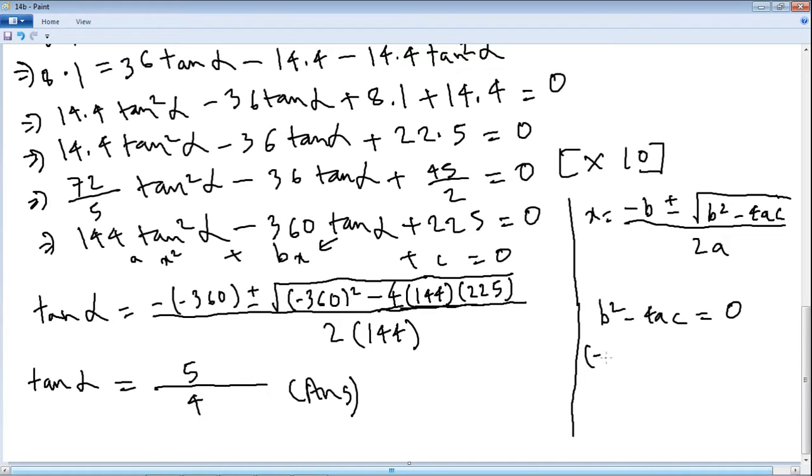Let me write the inside part: b square minus 4ac is 360 whole square minus 4a, where a is 144 and c is 225.